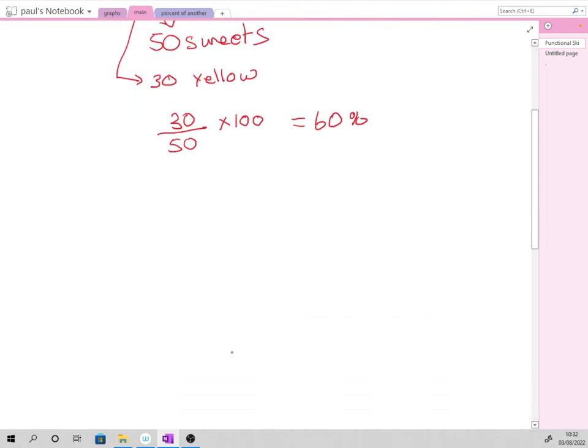That's all we do. So on the bus or coach, there are, I don't know, 44 people. 8 are children. And what percentage of the people on the bus are children?